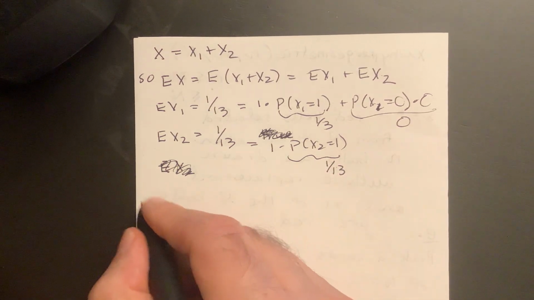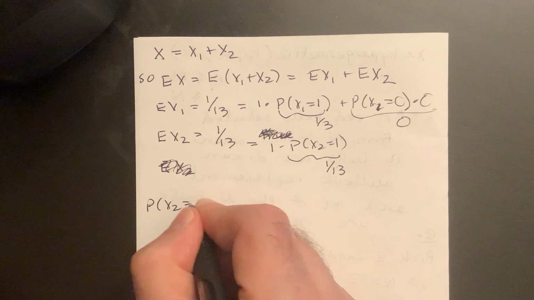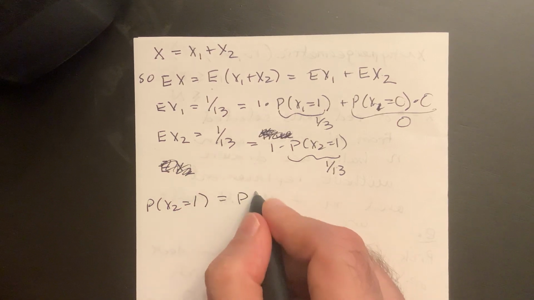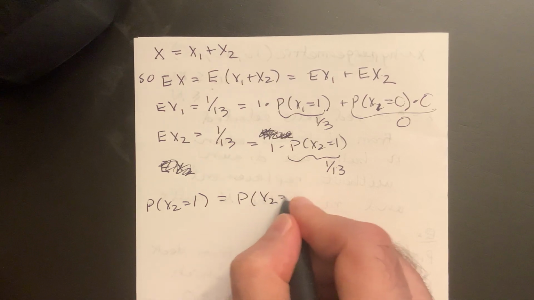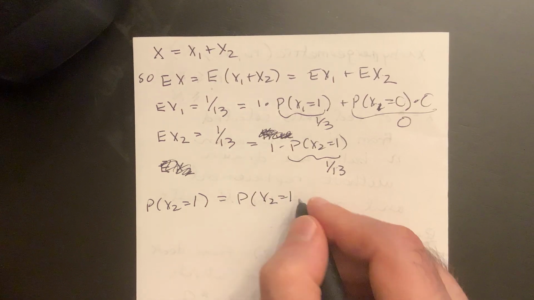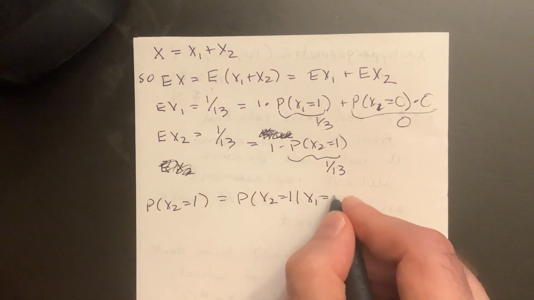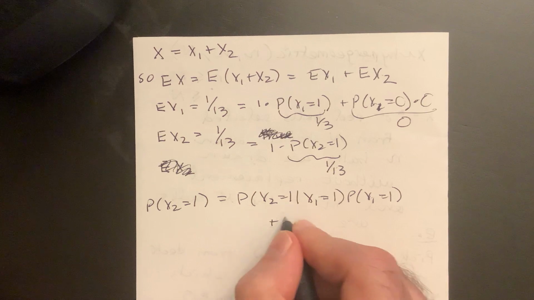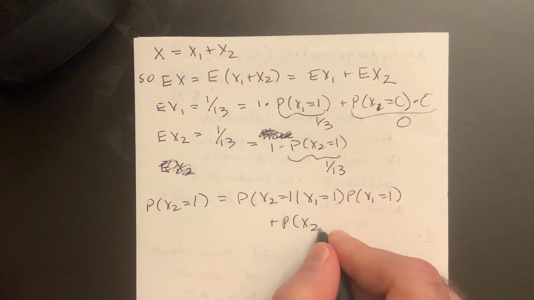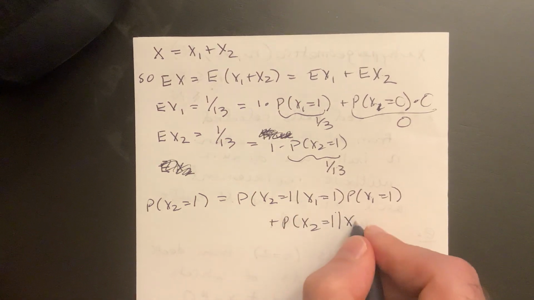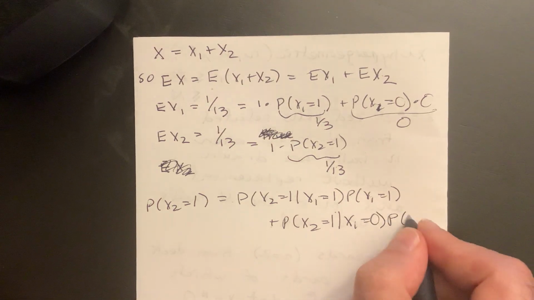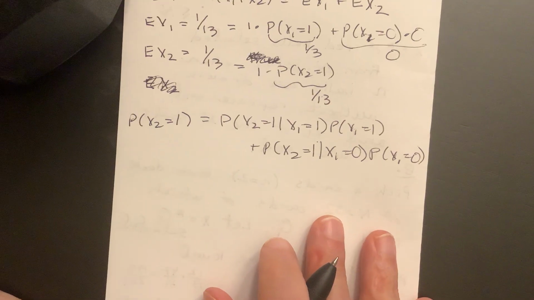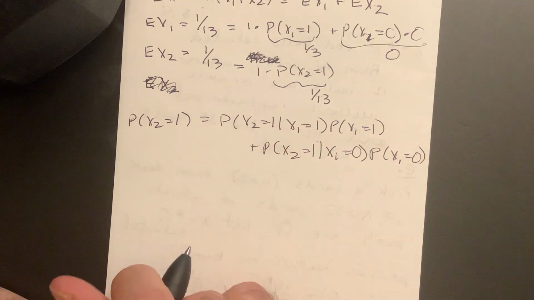Here's why. Probability x2 equals 1 is just equal to the probability x2 equals 1 given x1 equals 1 times the probability x1 equals 1 plus the probability x2 equals 1 given x1 equals 0 times the probability x1 equals 0, right? It had to come from one of these.